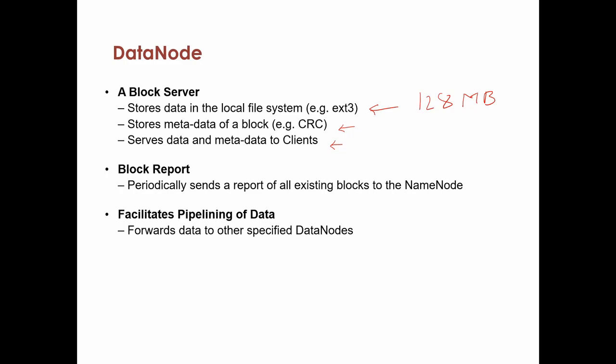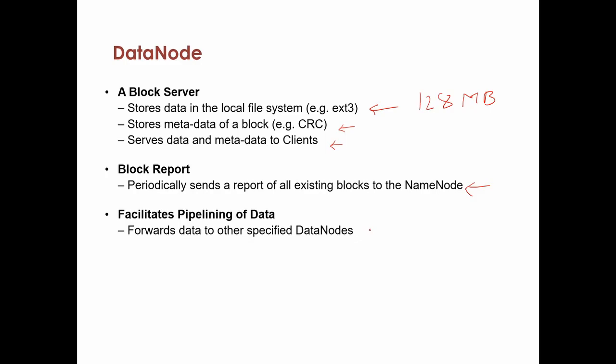Okay? And also when a client writes a block, the data node takes the data from the client, or another data node. It can take data from both as the case may be, and it can create a new file for a block and write it. It periodically sends a report, a list of all blocks, to the name node.